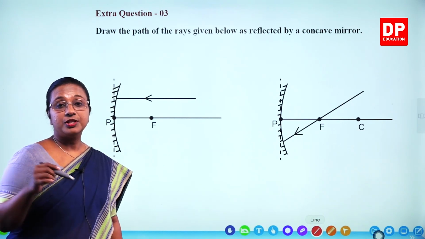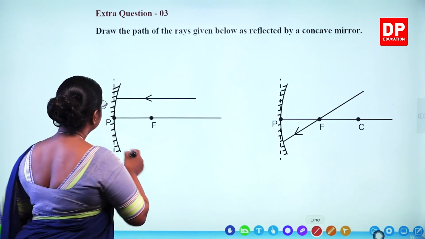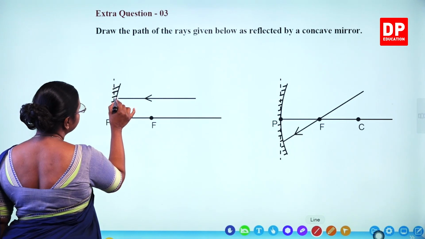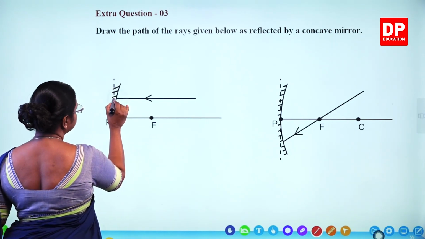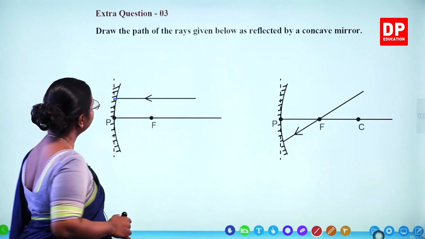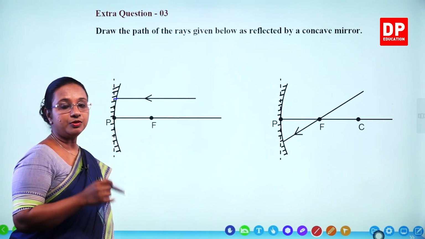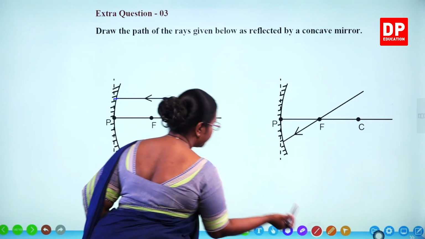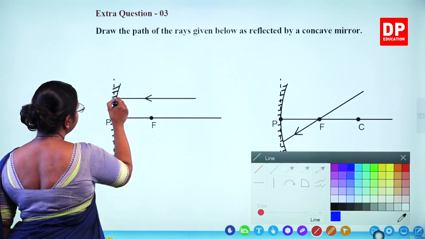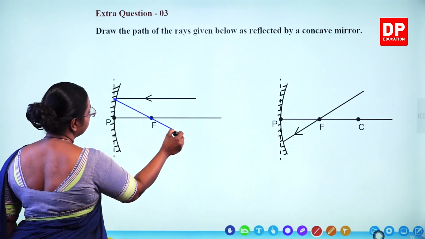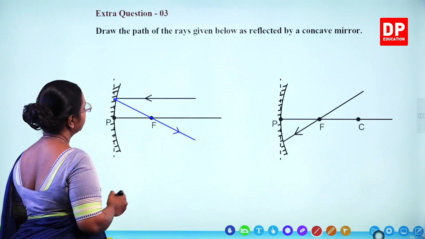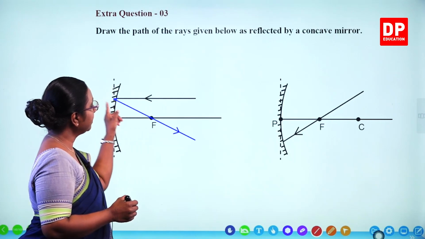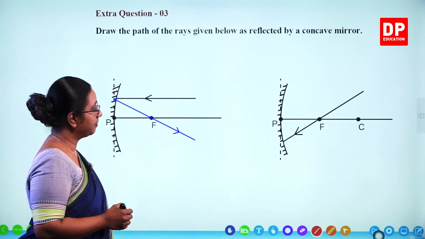It goes through the focal point. So we have to make sure that the ray comes to the mirror. So since it's a straight line, I am going to use the straight line option. It will go like this. So a ray coming parallel reflects through the focal point.